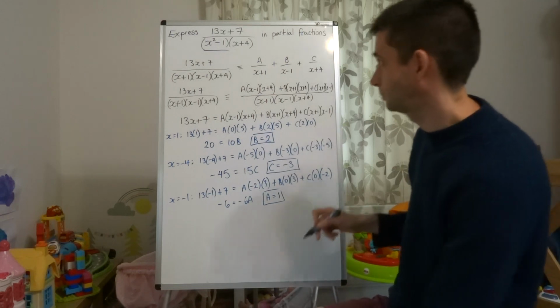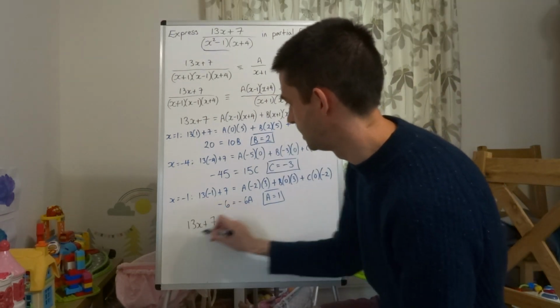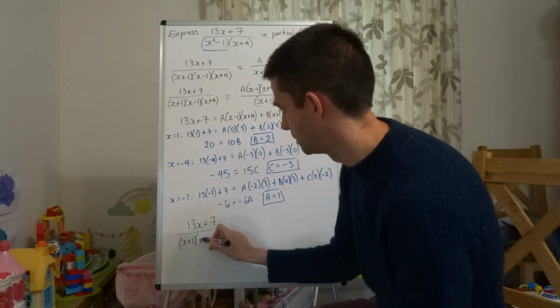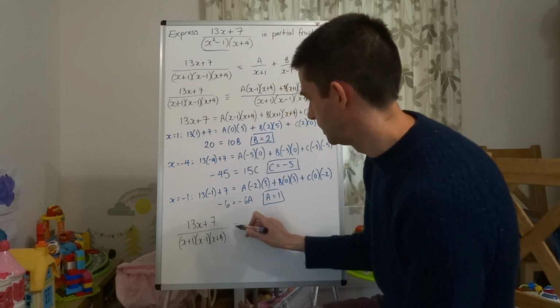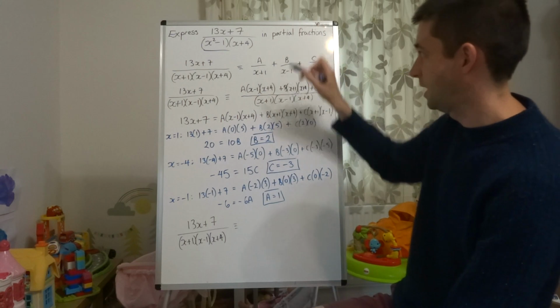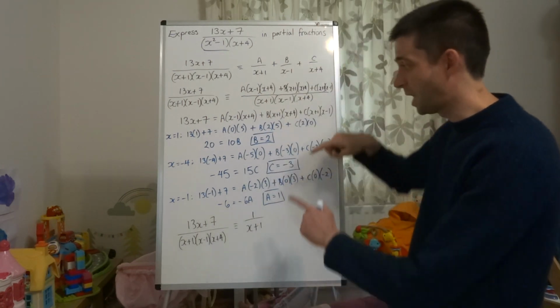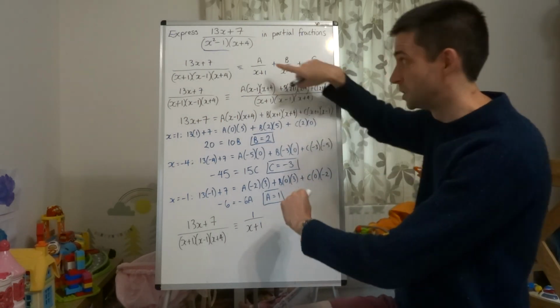So what I have worked out is that 13x plus 7 over x plus 1, x minus 1, x plus 4 is the same as, right, a over x plus 1, so 1 over x plus 1. Remember, be careful that you get the correct values in the correct place, because you probably won't have found them in the order that you need to write them.